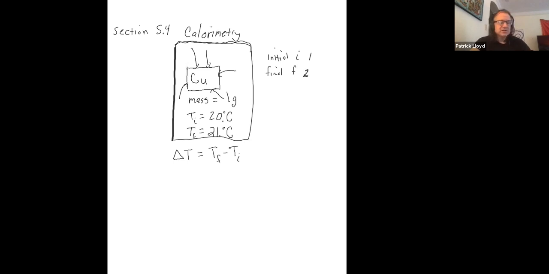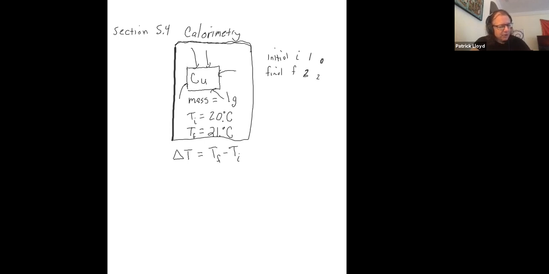And then the physicists are fond of using a little 0 for initial, and then a 1 here.